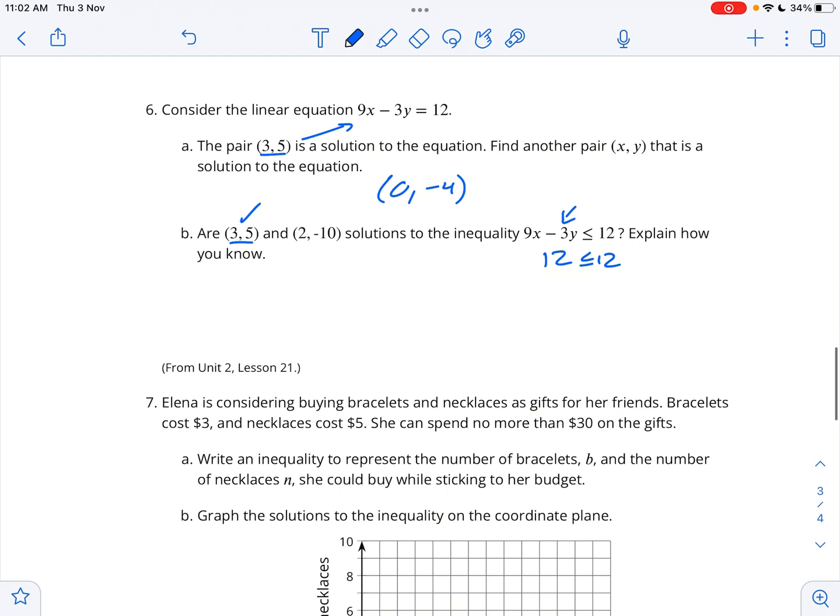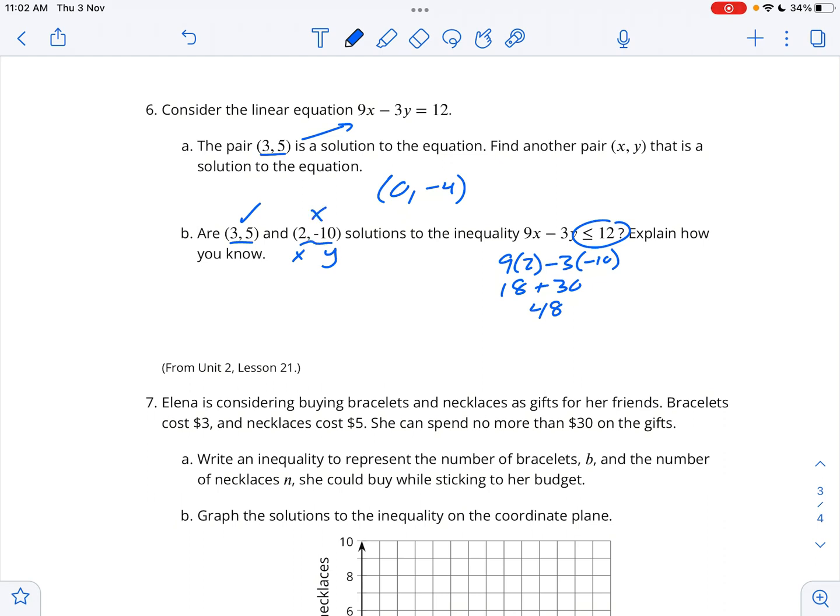The second one, 2, negative 10, I'm going to need to do a little bit of math to check that. So plug in 2 for x, negative 10 for y. 9 times 2 minus 3 times negative 10. That's going to be 18 plus 30, which is 48. That is not less than 12, so this one is not a solution.